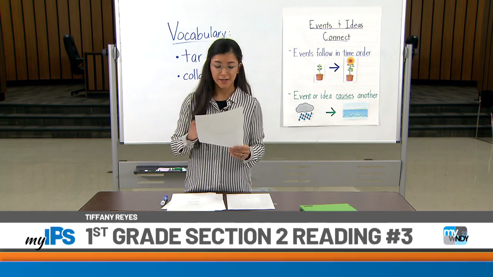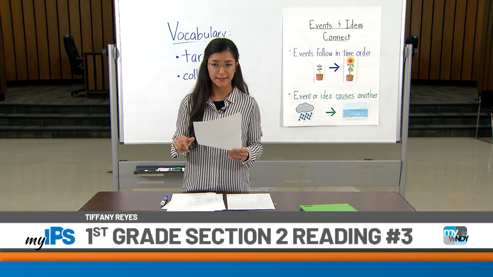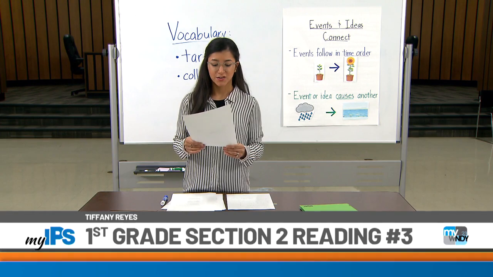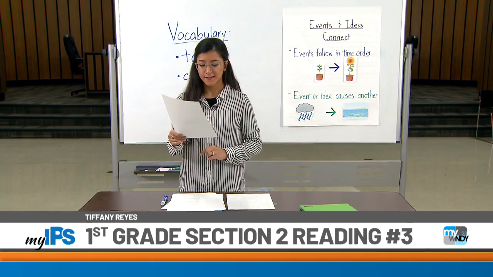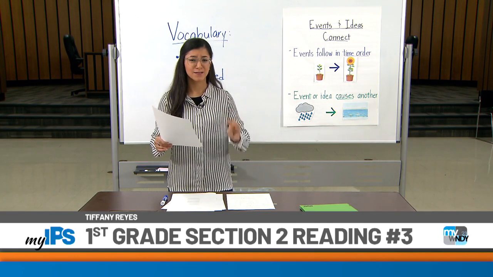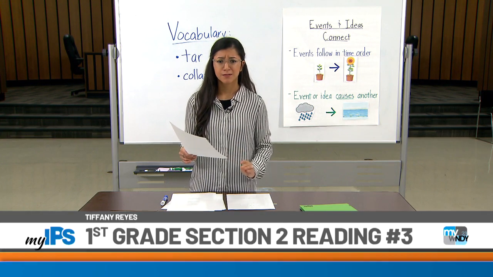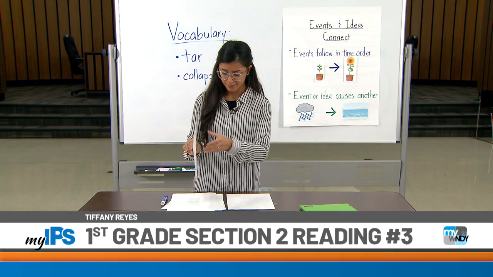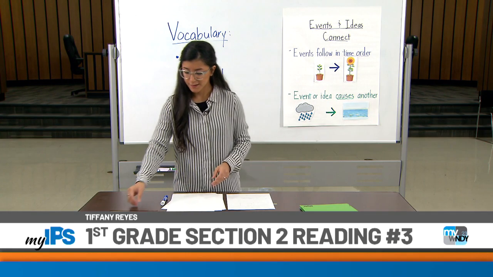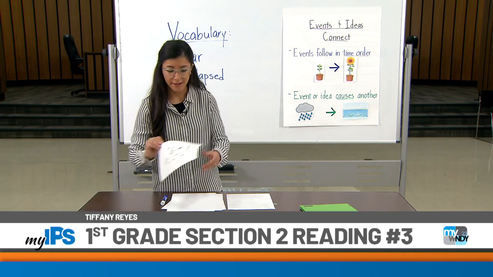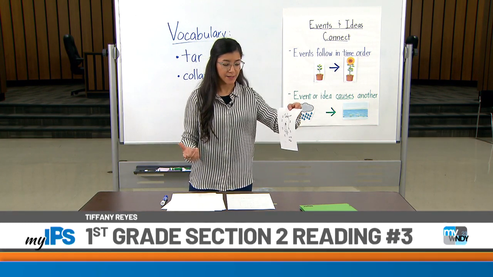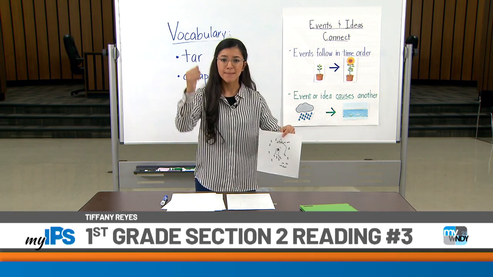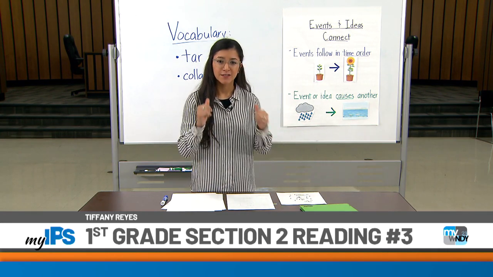C. There are no amusement parks on Coney Island. That's right, B. In this story, it says that Coney Island still is a very fun and popular place today. So we can see the stories have events and ideas that we're able to connect and understand better the picture in our brains. Good job, guys.